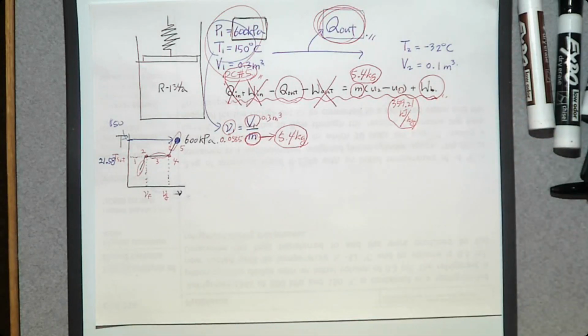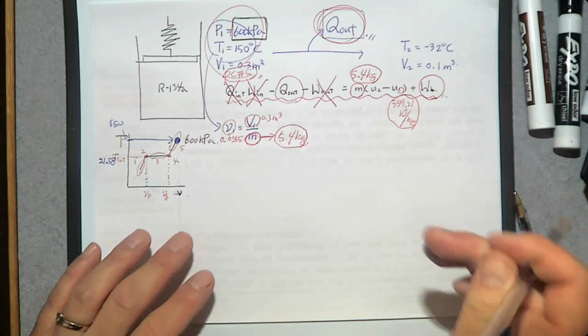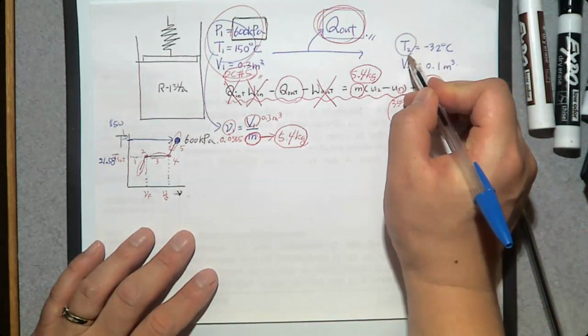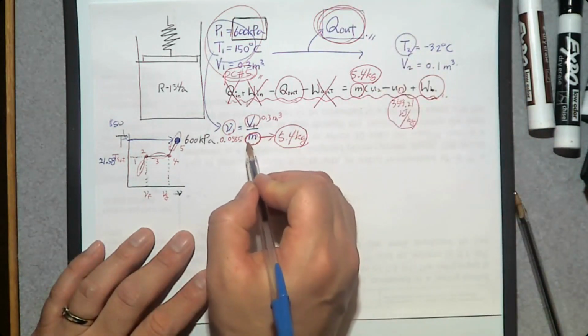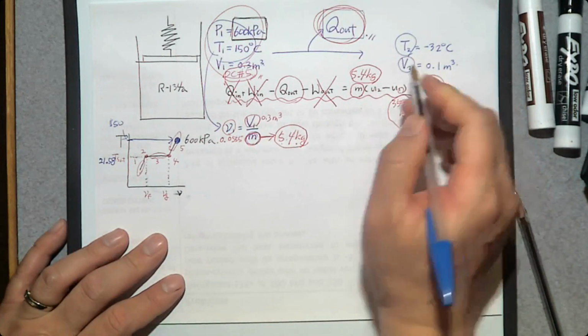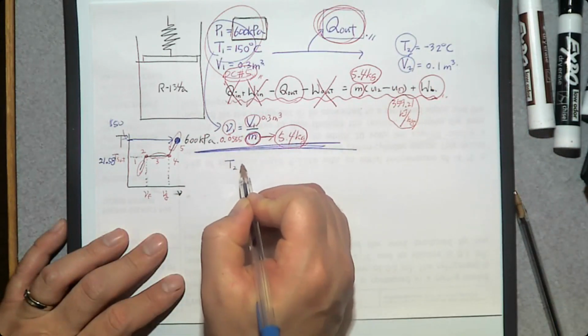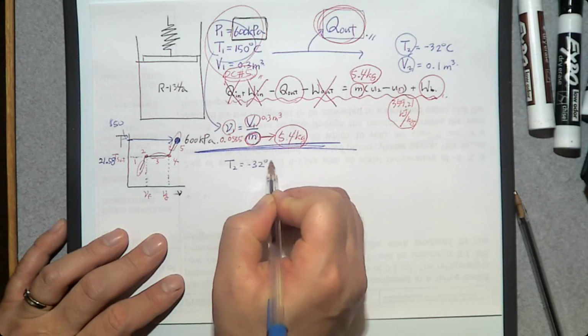Okay, now it's time to determine U2. What information do we have to determine U2? I think we have temperature. Since we already determined the mass, 5.4, and we have V2, at the final state we have T2, which is minus 32 degrees Celsius.